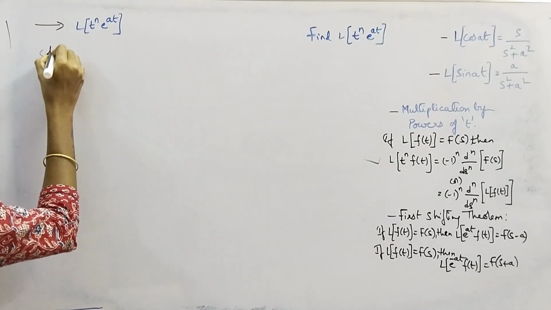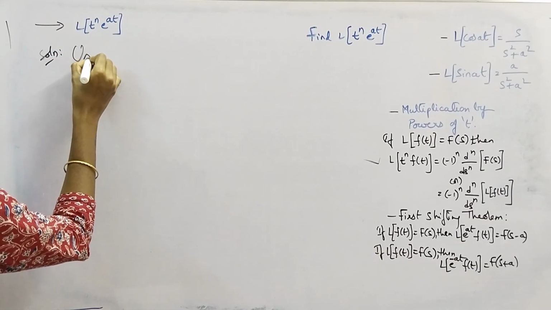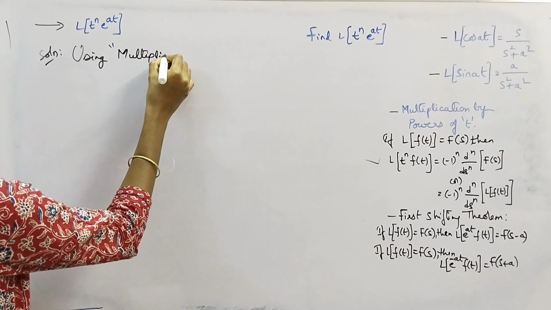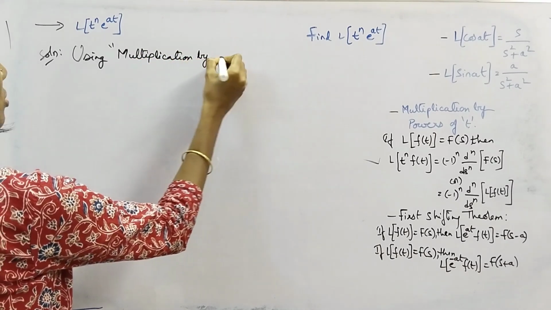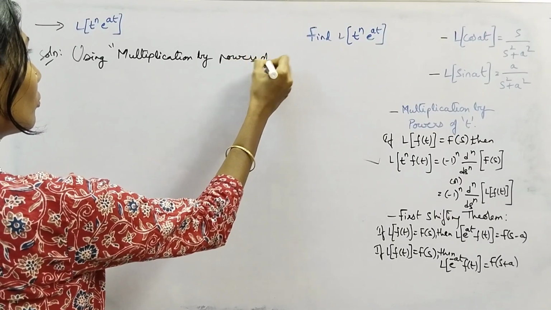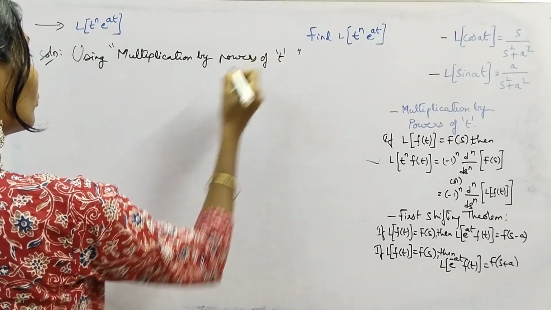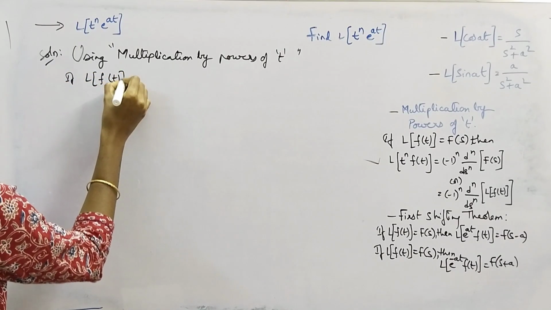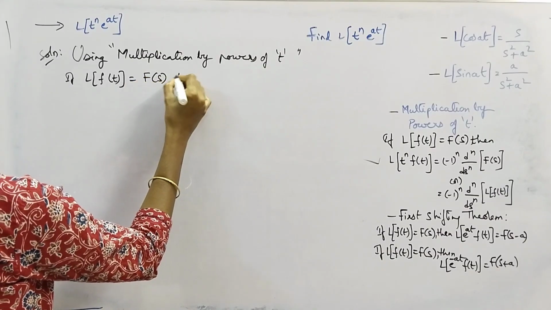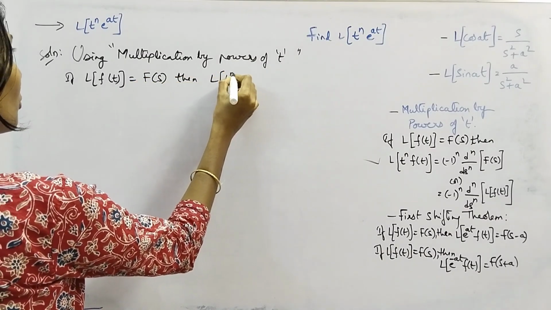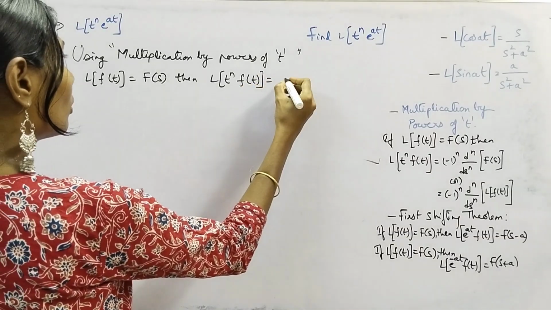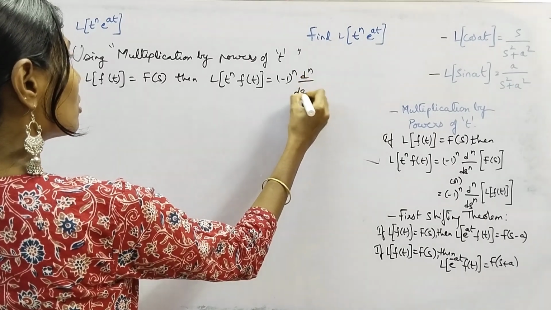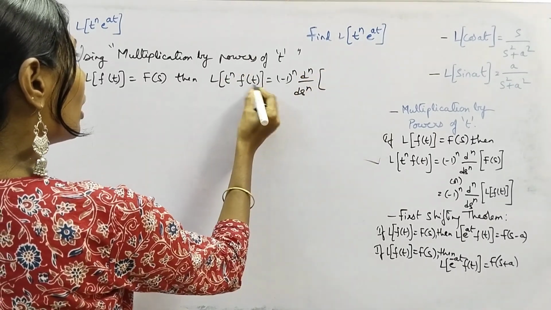Using multiplication by powers of t, it says that if L of f of t equals F of s, then L of t power n f of t equals minus 1 power n into d power n by ds power n into L of f of t.